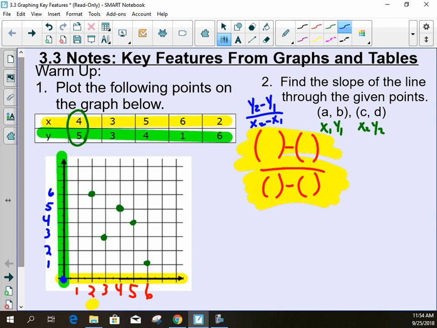If you have them in the parentheses, it makes it a lot easier. So y2 is D, y1 is B, x2 is C, x1 is A. Bam, I'm done. D minus B over C minus A. Okay?